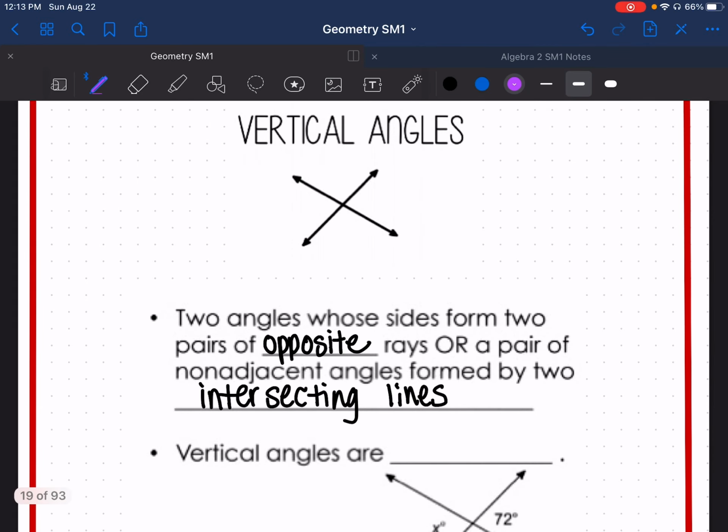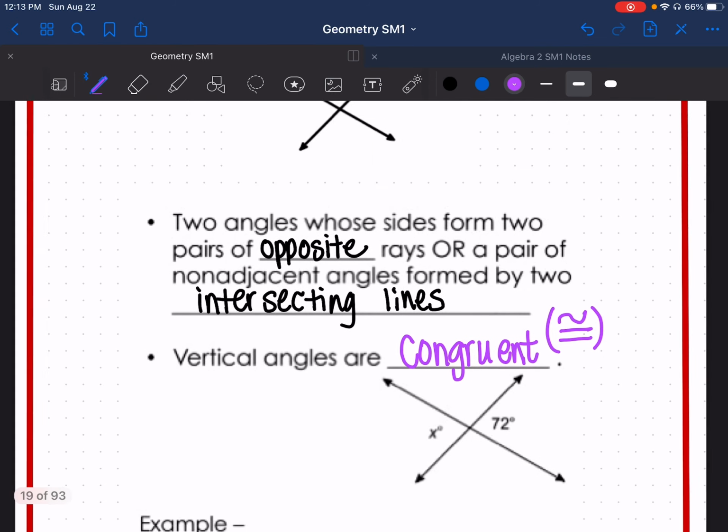Vertical angles are congruent. Here is the symbol for congruent. It's the equal sign with a squiggle above the top. So congruent means we're equal, but we're like exactly the same. That's what the little squiggle on the top means.